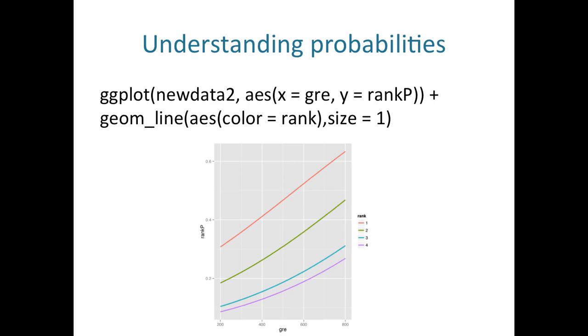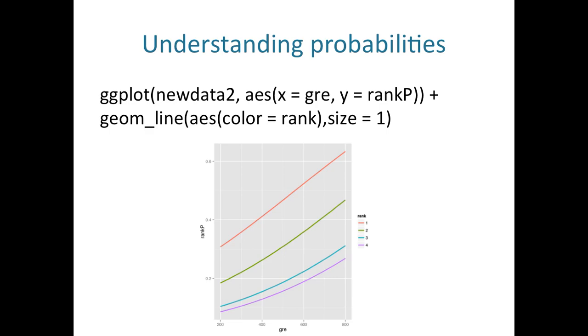What this is showing is that for a student from an undergraduate institution which is ranked among the top undergraduate institutions in the country, independently of the GRE, the probability of that student being admitted into the graduate program is going to be higher than if you come from any of the other undergraduate institutions.